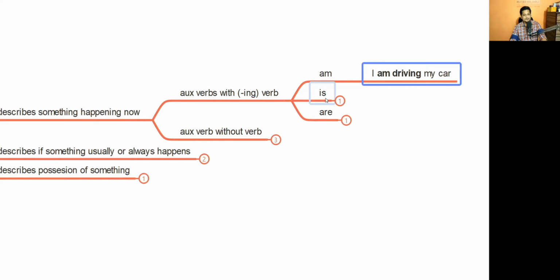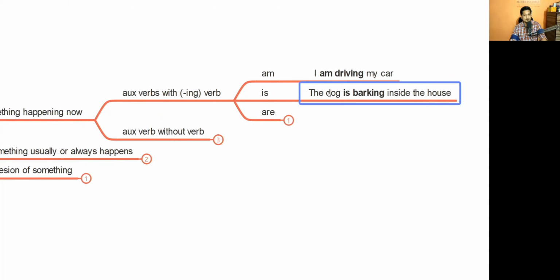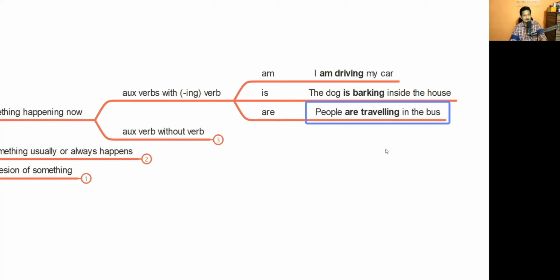If you use is, for example, the dog is barking inside the house, it means right now the dog is barking. Then comes are. People are traveling in the bus, which means that right now people are traveling.